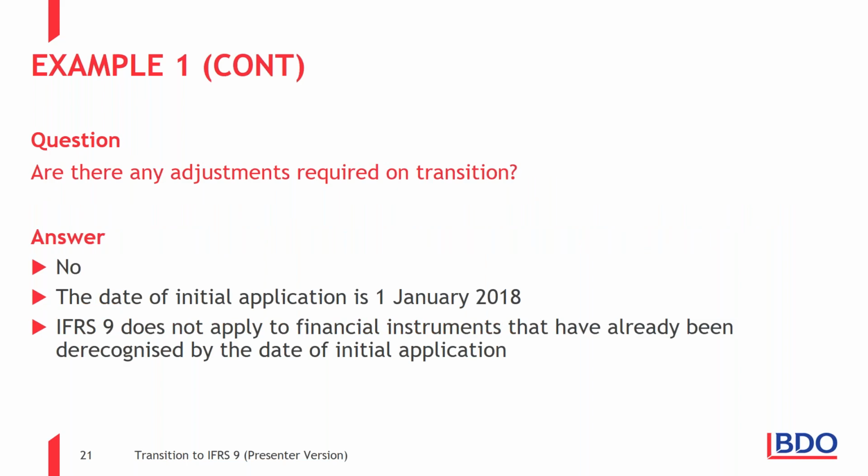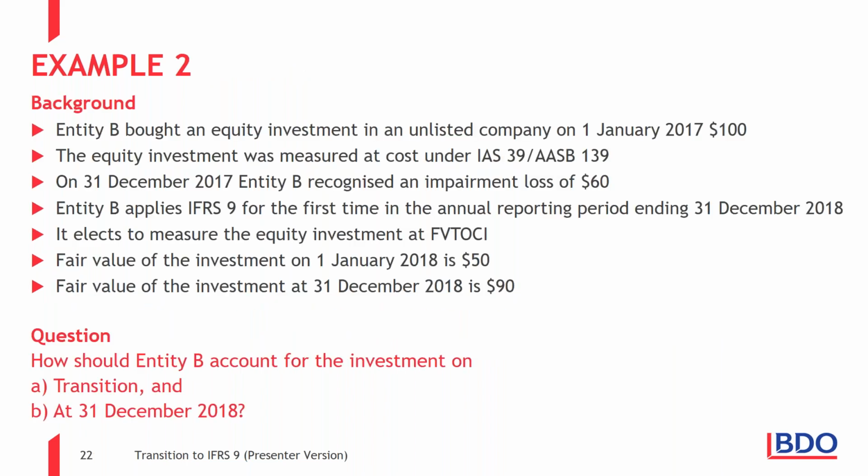Now, if you look at the solution to this one, no adjustments required, because the date of initial application is 1 January 2018, and IFRS 9 does not apply to financial instruments that have already been derecognized at the date of initial application. So if we move on and look at example 2, in this example, entity B bought an equity investment in an unlisted company on the 1st of January 2017 for $100.